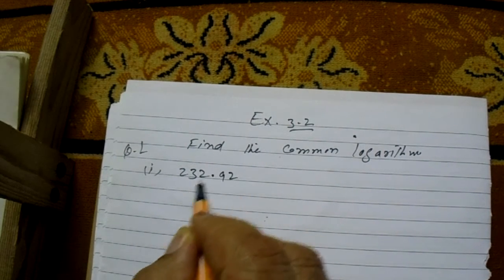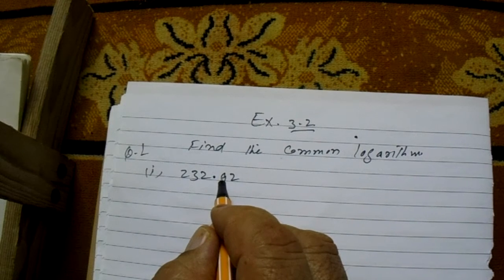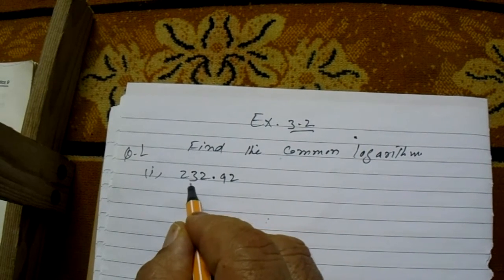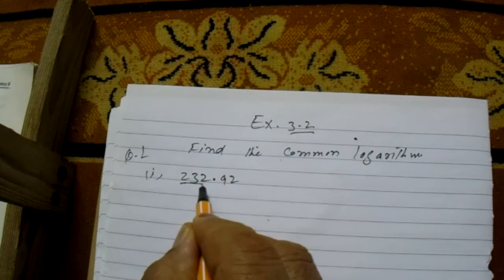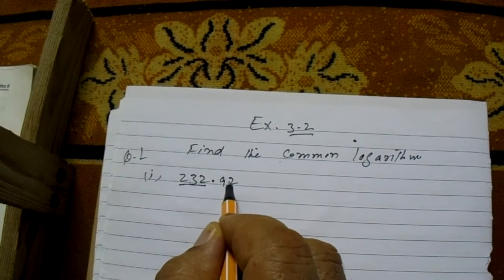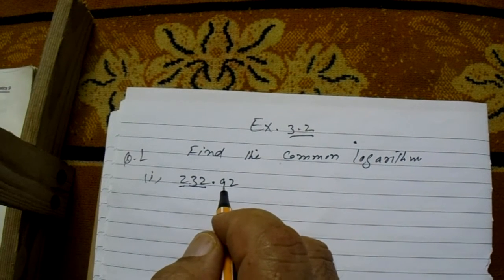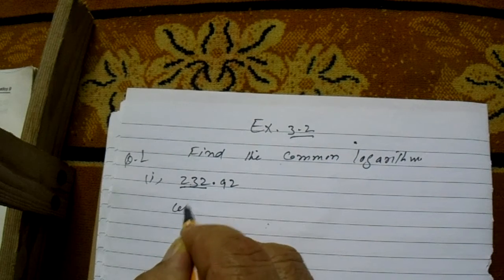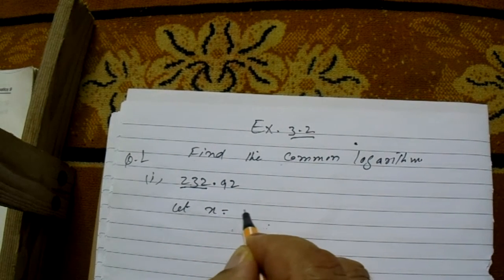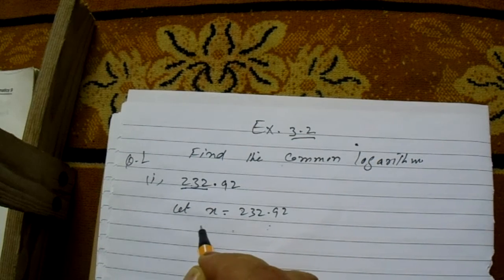232.92. You will also use a calculator. Here you see this number has a whole number part and 0.92, so directly you will use the calculator. Let x is equal to 232.92.